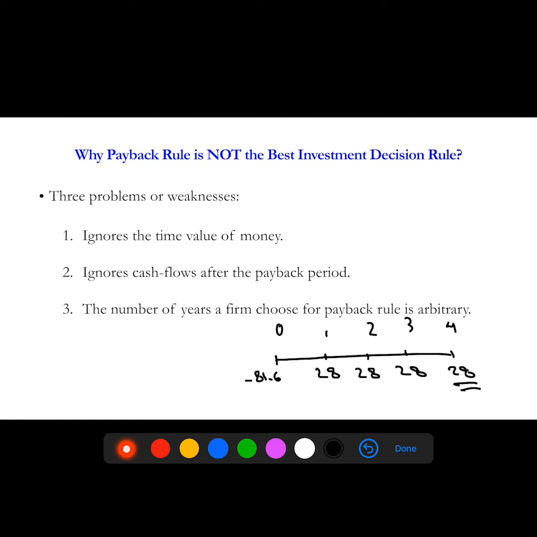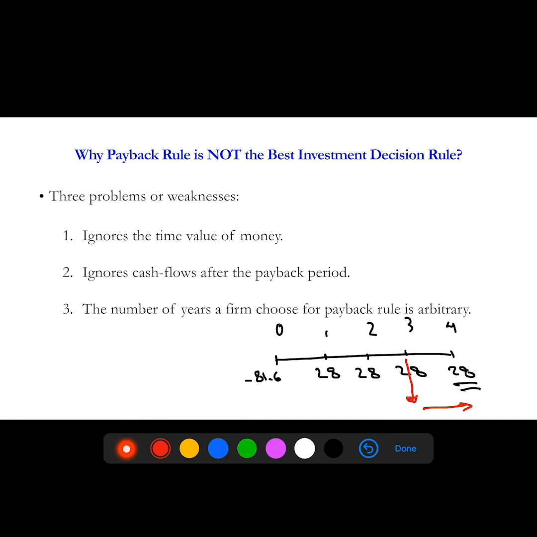So this investment decision making tool is ignoring any cash flows that happen after the payback period. But some projects might have very large cash flows after several years.